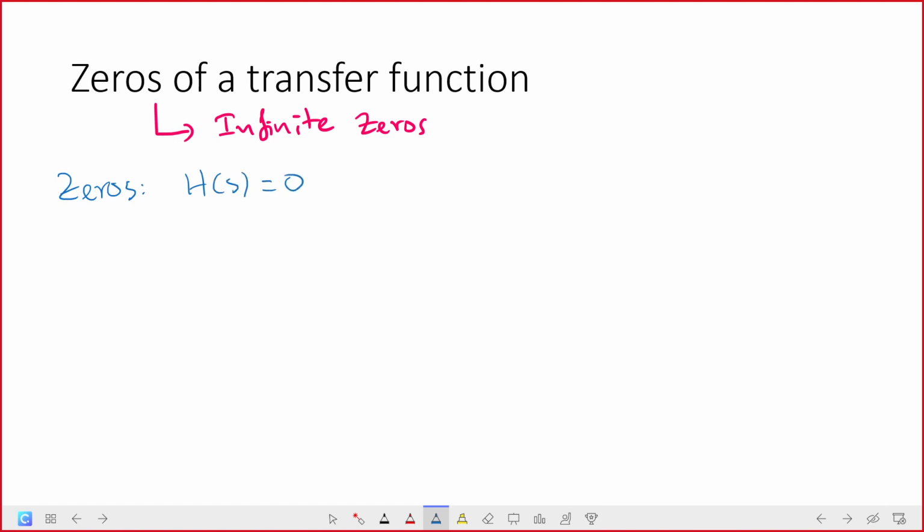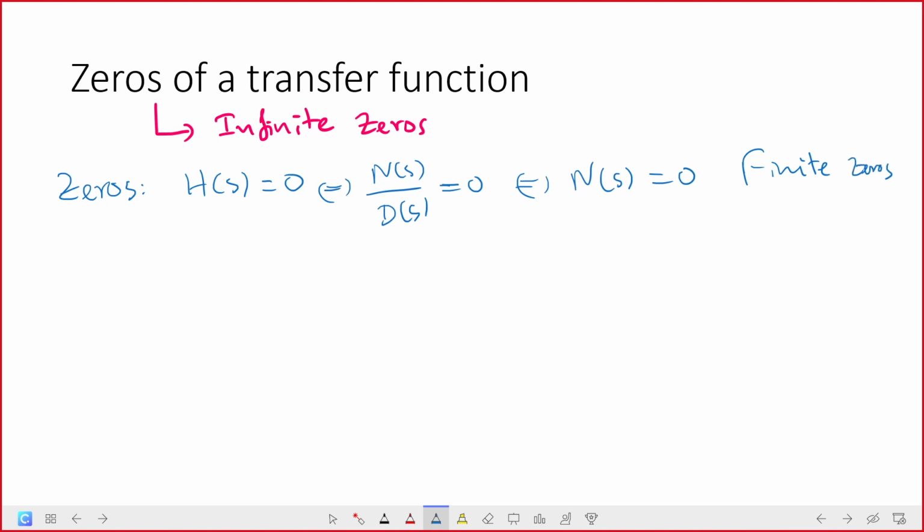For the finite zero, we already said N of s over D of s equals zero, and for the finite zero we take N of s equal to zero. Now for the infinite zero, we can also say D of s goes to infinity, right? So this is for the infinite zero.